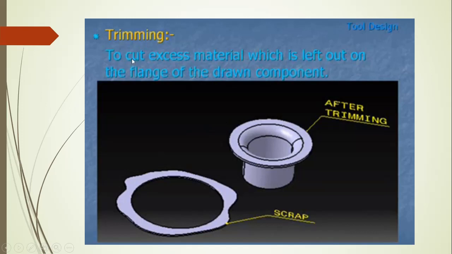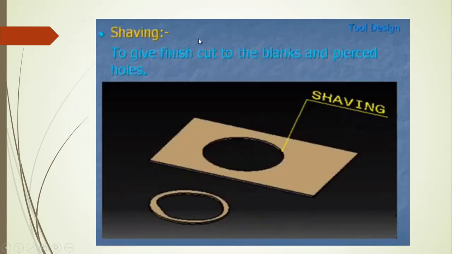That is to cut the excess material which is left out on the flange of a draw component. This is the flange of the drawn or formed component, and whatever excess material is there will be trimmed out and considered as scrap. That process we call a trimming process.